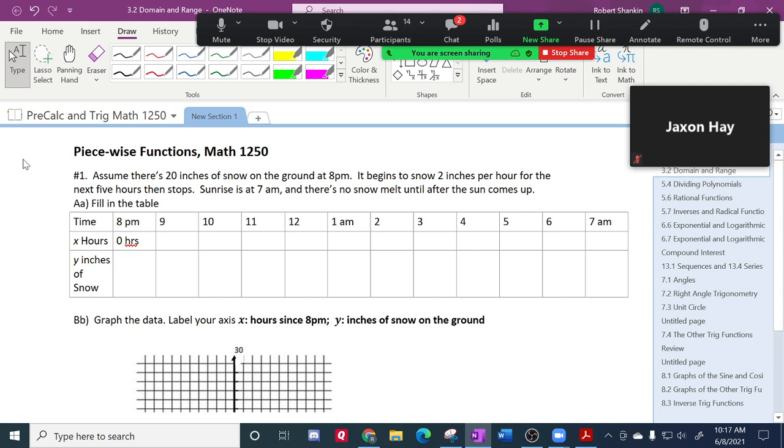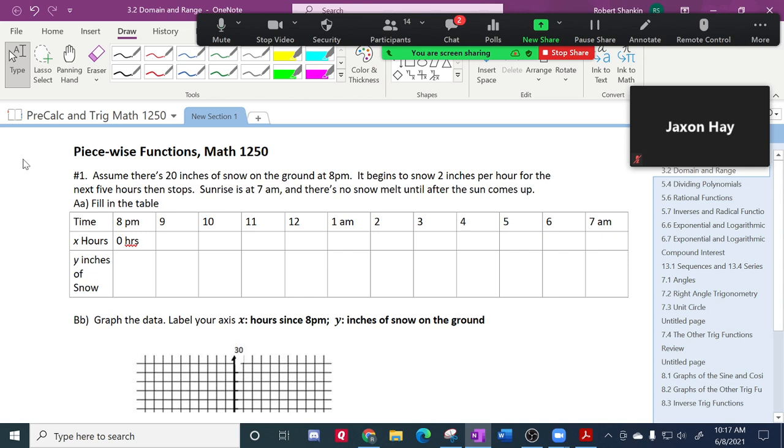So assume there's 20 inches of snow on the ground at 8 p.m. We've had a lot of snow. And then it begins to snow 2 inches per hour for the next 5 hours. And then it stops. Sunrise is at 7 a.m. and there's no snow melt until after the sun comes up.